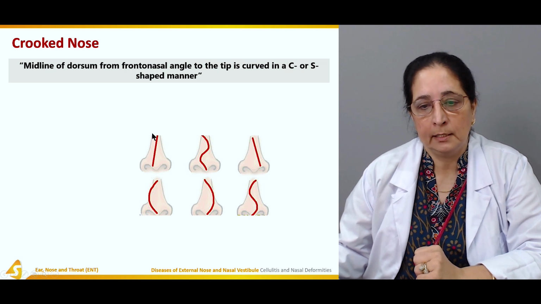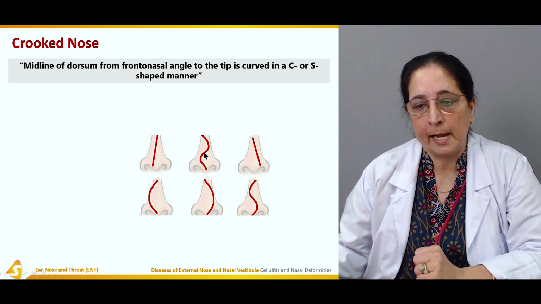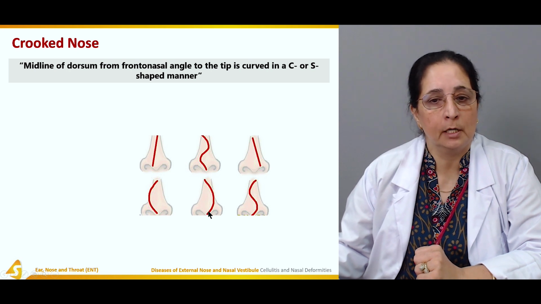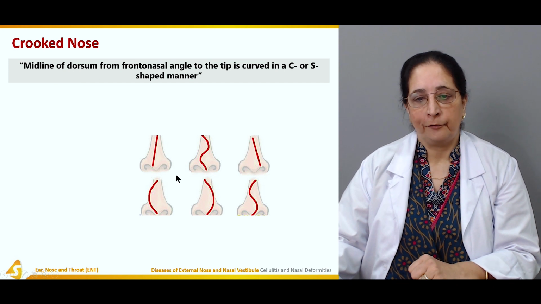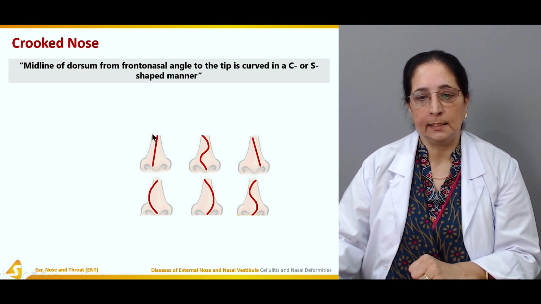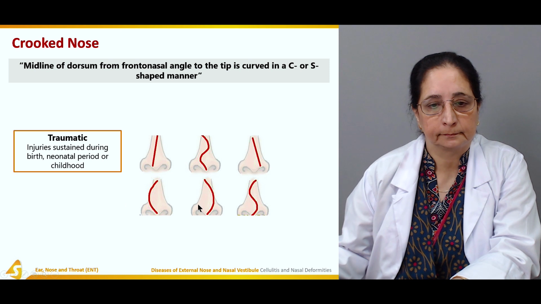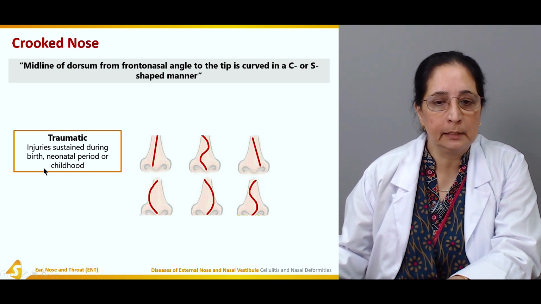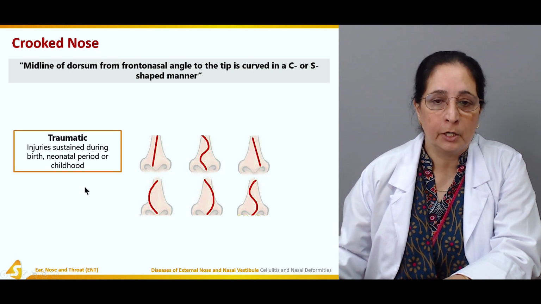Here, instead of midline, if they are angled differently, forming S-shaped or C-shaped, this can lead to crooked nose. So midline of dorsum from frontonasal angle, this is the angle, to the tip is curved in C or S-shaped manner. Traumatic injuries sustained during birth, neonatal period or childhood can lead to crooked nose.